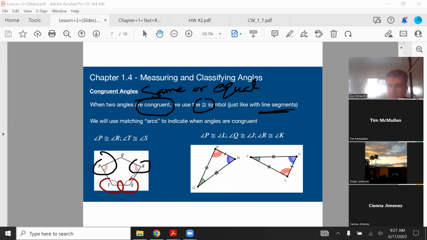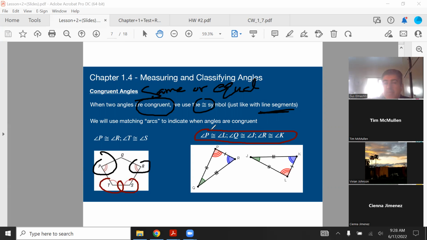And we use some markings to show that. If we see one marking on each of the angles, those are the same angles. Or 2 markings on 2 different angles, those are the same. And we're going to be dealing a lot with congruent triangles, triangles that are identical or the same or equal, meaning that the angles and the sides are also going to be the same.